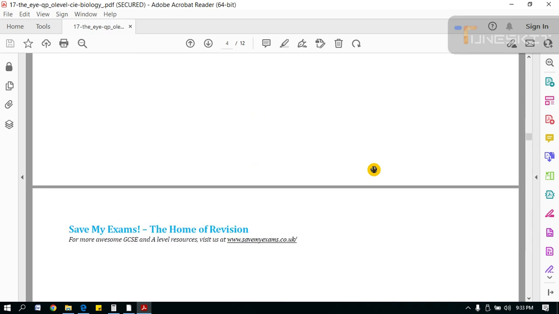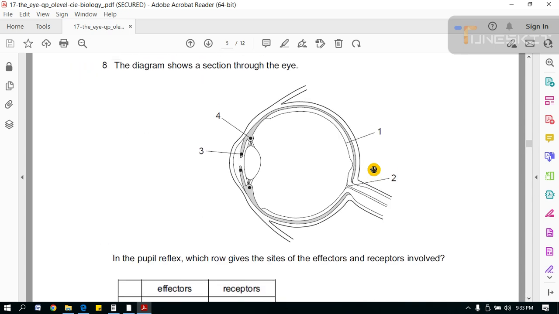Another question is, the diagram shows a section through the eye. You have 4 parts. In the pupil reflex, which row gives the sites of the effectors and receptors involved?